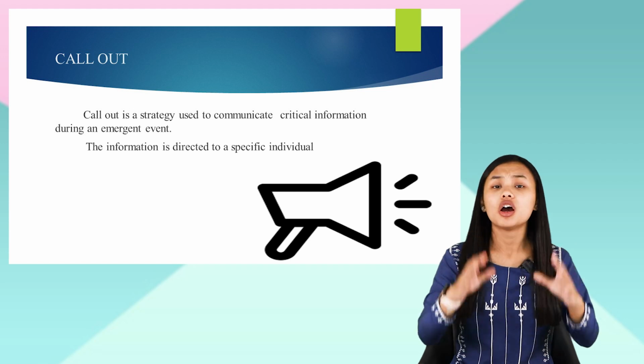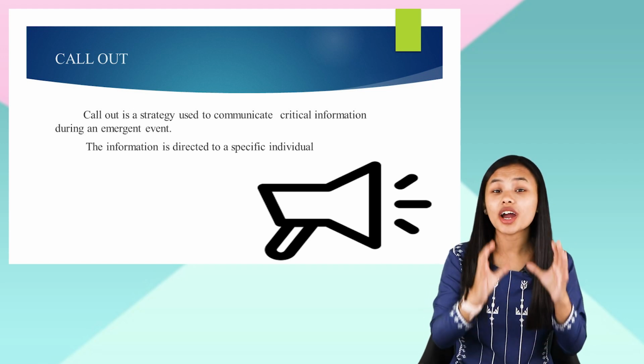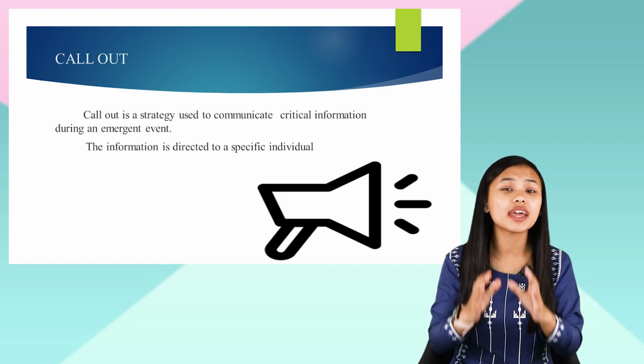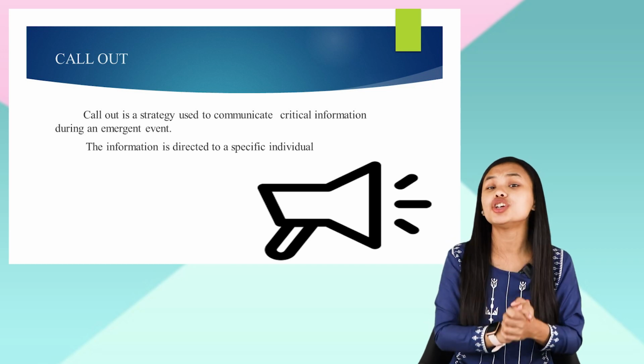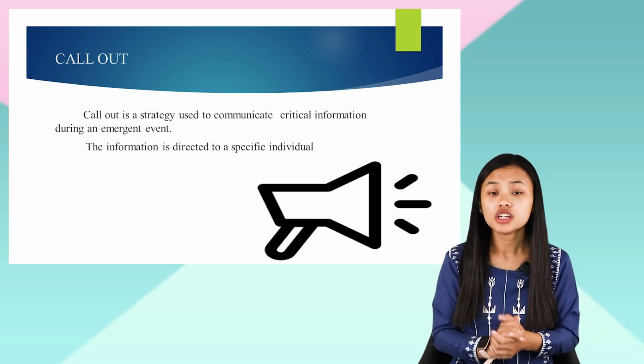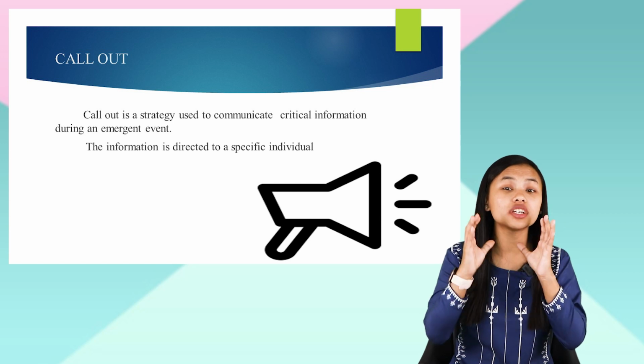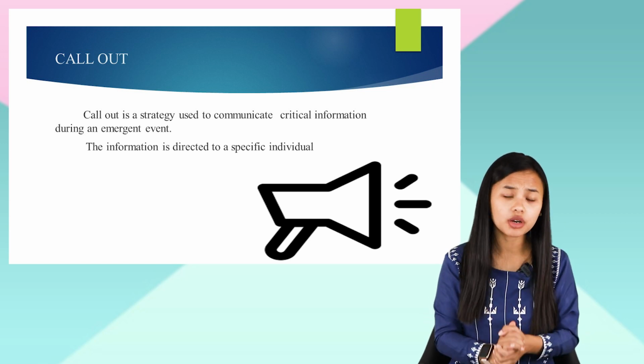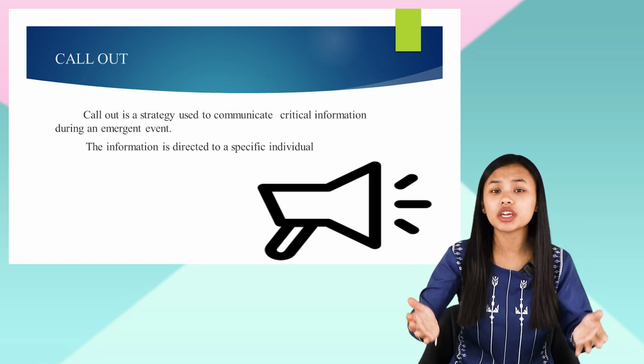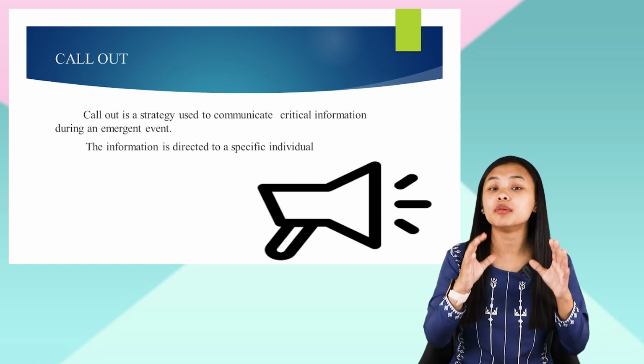Now moving on to the next one, that is the call out. This call out is a strategy used to communicate any critical information during an emergent event. It is usually done when any critical information about the client needs to be communicated, especially in an emergency event, and this information is usually directed towards a specific individual.